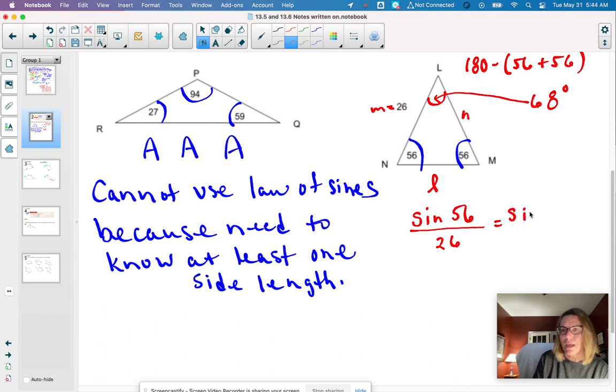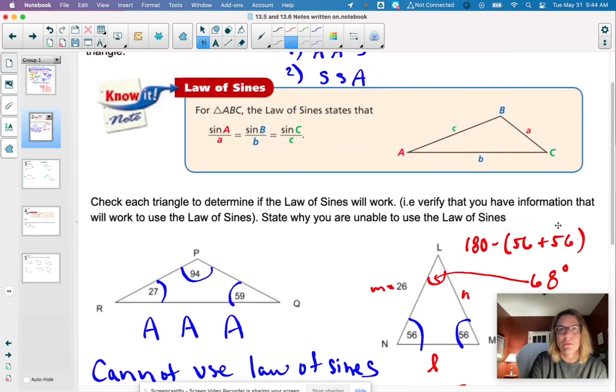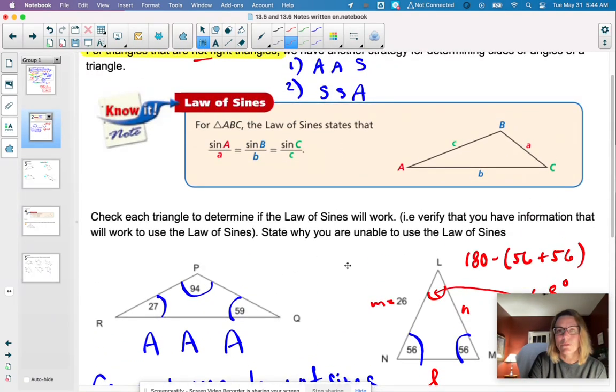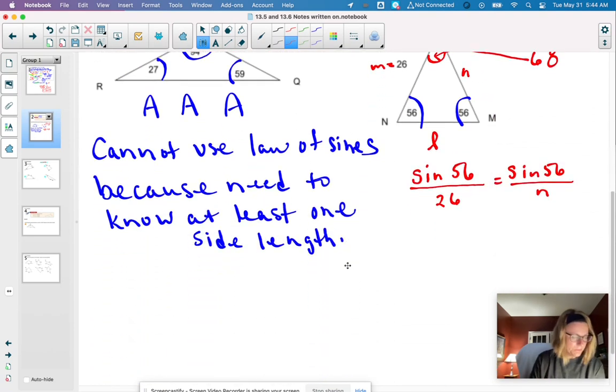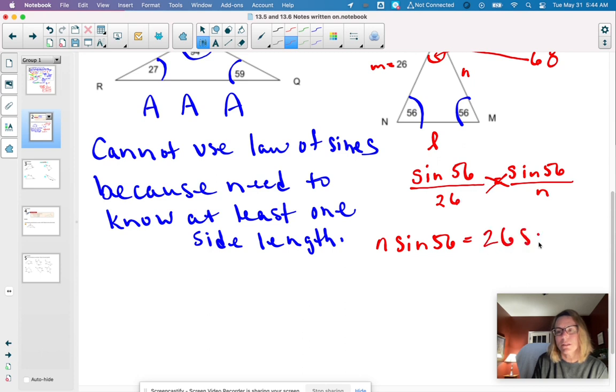So then I would take the sine of 56 divided by n. Remember, there it is. There's what we can use. All right. Well, when I look at this right now, what I'm going to do in this case, I can cross multiply. So this times n is n sine of 56. And this times this is 26 sine of 56.